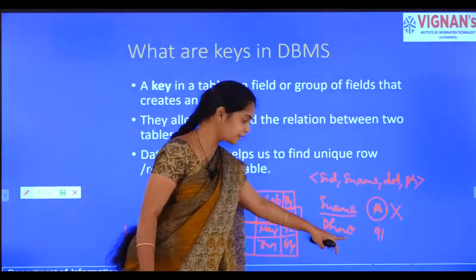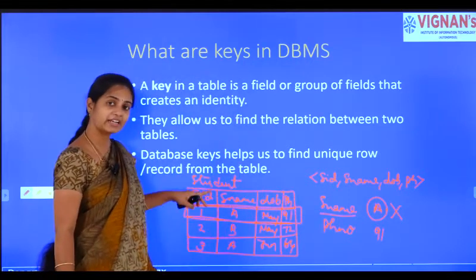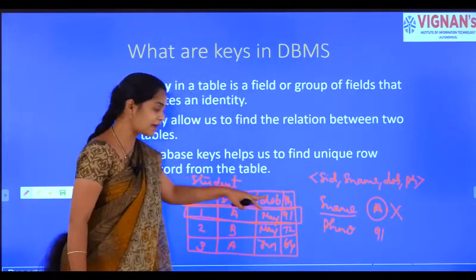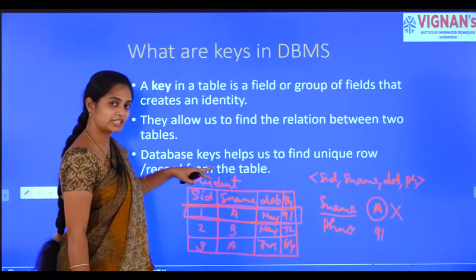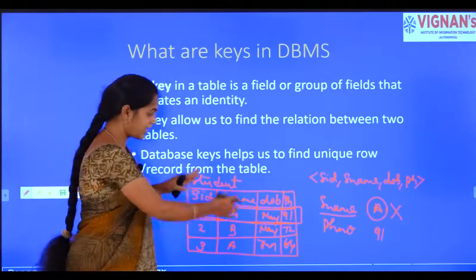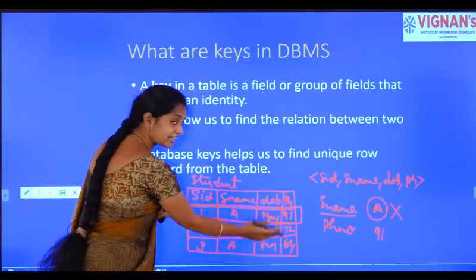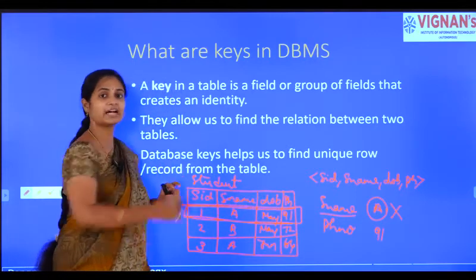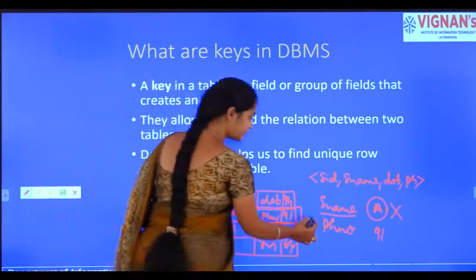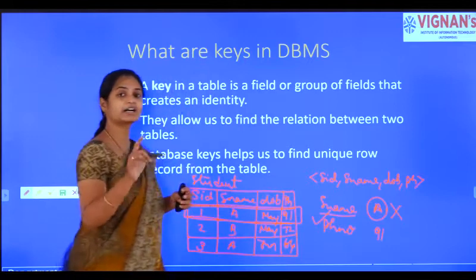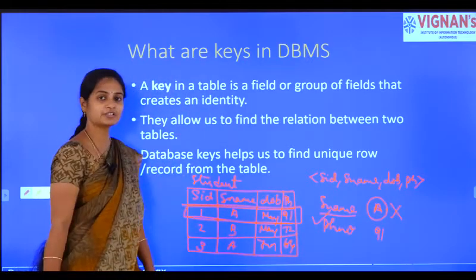So using the phone number you can determine which table this tuple belongs to, and we can distinguish this one from the other tuples. So obviously here phone number can be a key for the relation student.